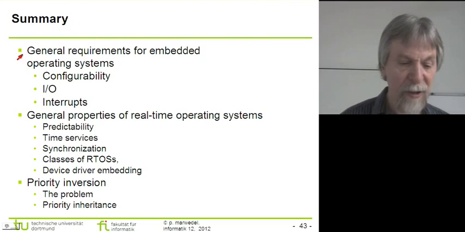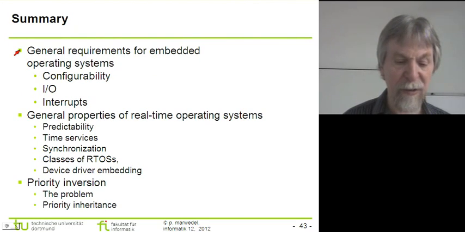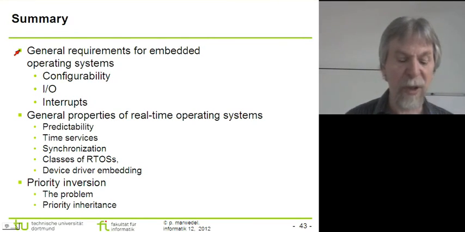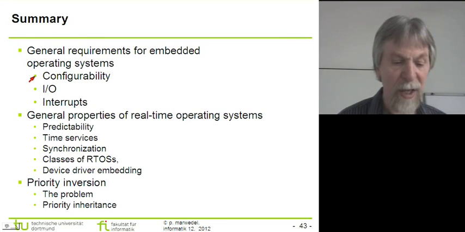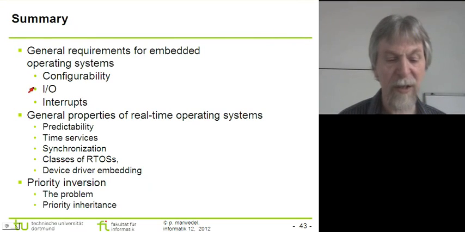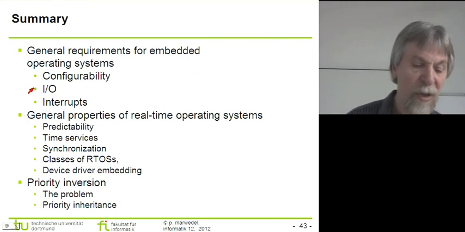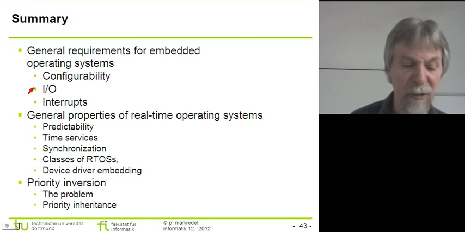So this leads me to the summary of today's presentation. I have started with a general discussion of the requirements for embedded operating systems. I looked at configurability, at the possibility to have I/O not implemented via privileged instructions.